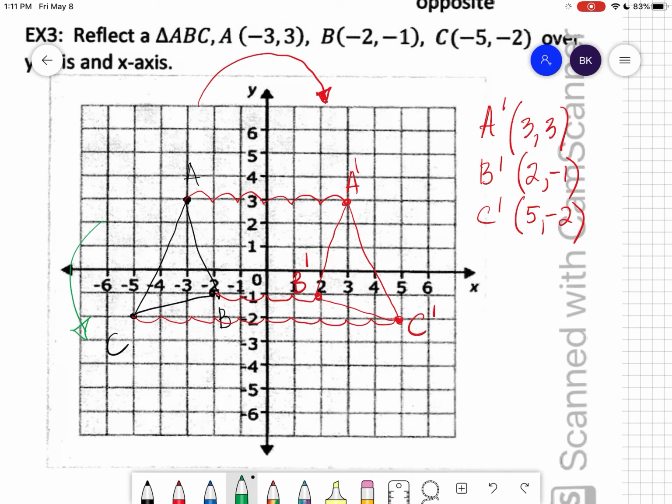Okay, so let's reflect it over the x-axis, and I'm jumping up or down, right? So again, you can do so by just looking at the vertex and then moving it 3 units down and 3 units down, right? A, B, and C. What I'm going to do is use the rules. So now A prime prime, because we already reflected it once, I'm going to do 2 primes.